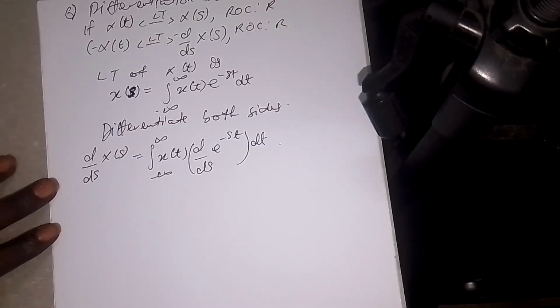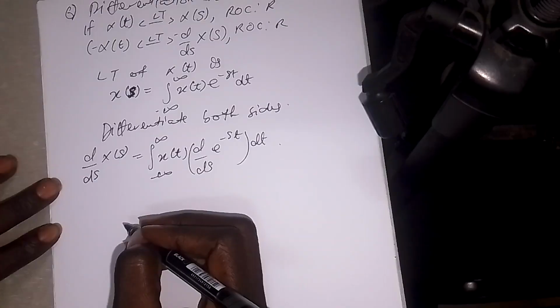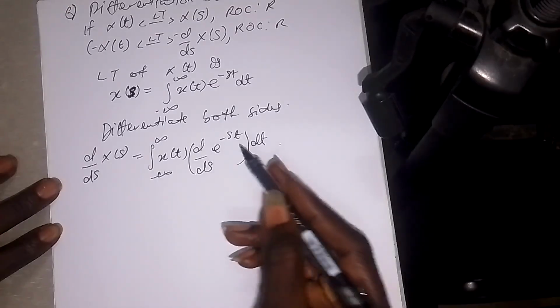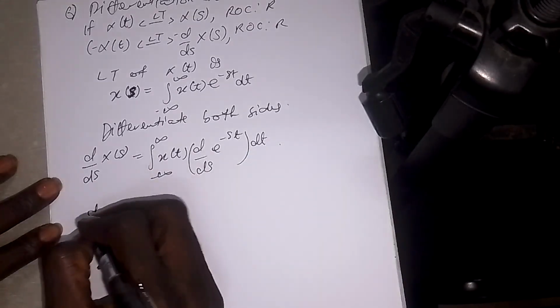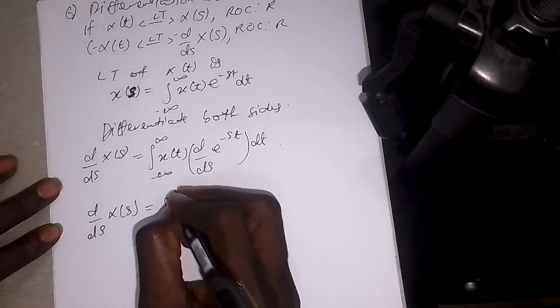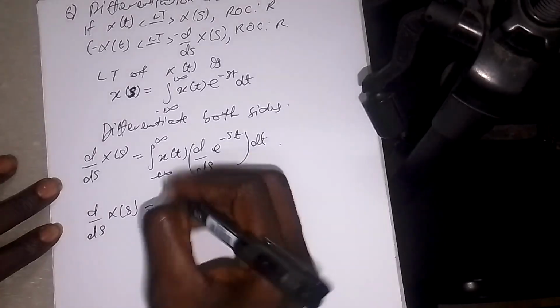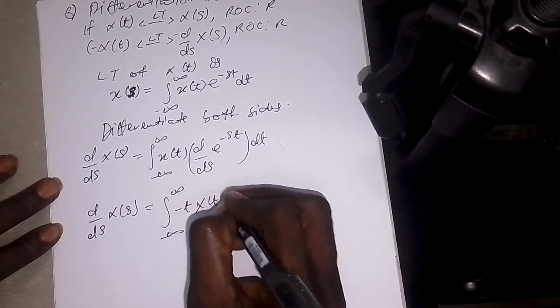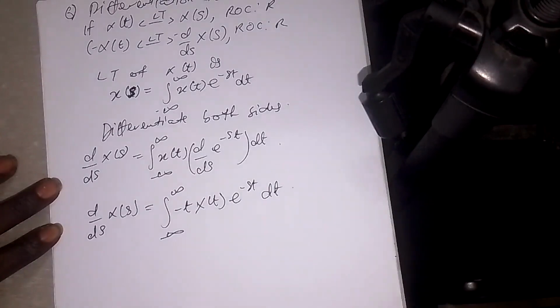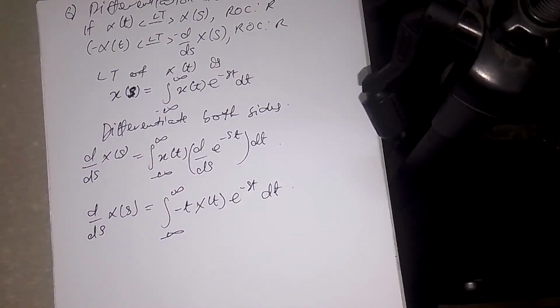Now if I differentiate here, I'll get minus t. So I can have d ds of x of s equal to the integral from minus infinity to infinity of minus t into x of t into e to the minus st dt.